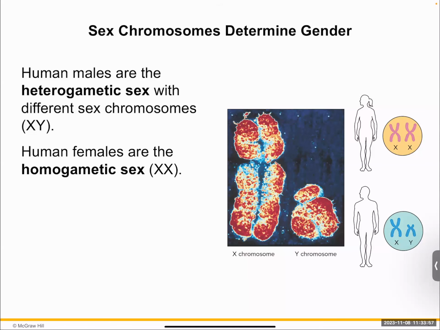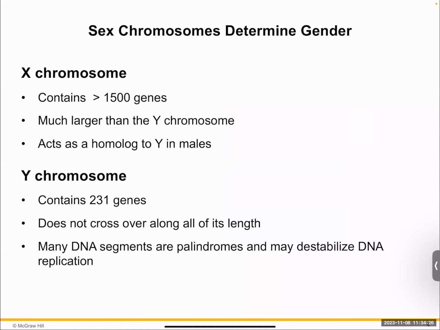We call that heterogametic sex, which basically means that the two sex chromosomes are different from one another. Versus when we're looking at female offspring, we have XX, which we call homogametic sex, because both parents, male and female, are contributing an X chromosome to the genetic information for the offspring.